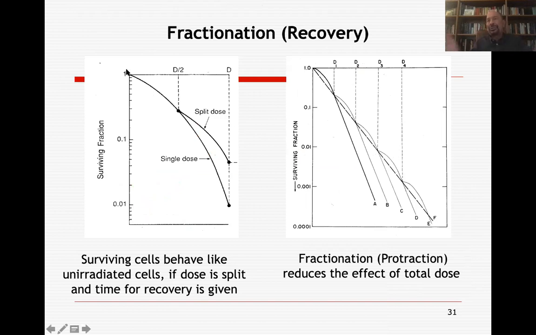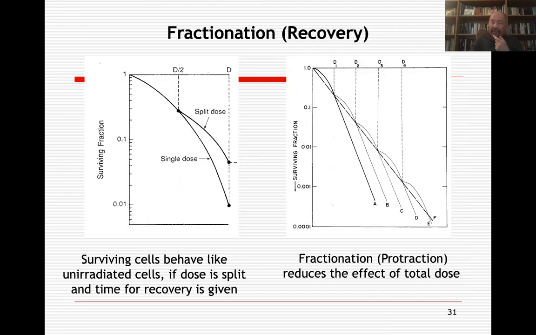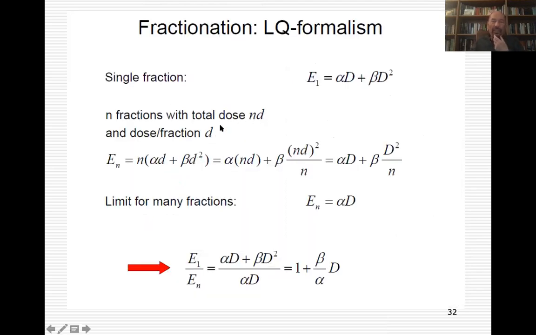We will see that this is not true anymore, but traditionally it was said if you shoot in one spot, you kill the patient. You have to fractionate. Now, in the linear quadratic formalism, how do you represent this effect? Well, it's easy if you think that the effect is alpha d plus beta d squared.